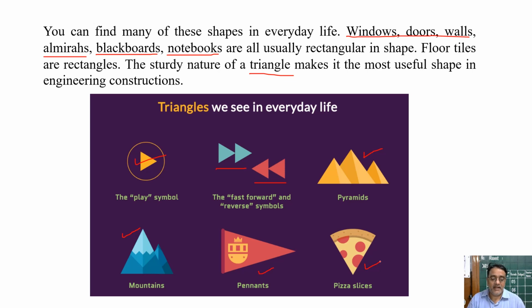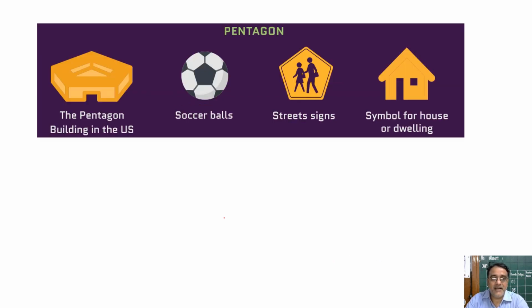ओके, and let us see some pentagons. The Pentagon building in the US, this one, and the soccer ball. See, all these are pentagons. And even street signs somewhere are used in the form of a pentagon. See, the symbol for house or dwelling is also the shape of a pentagon.